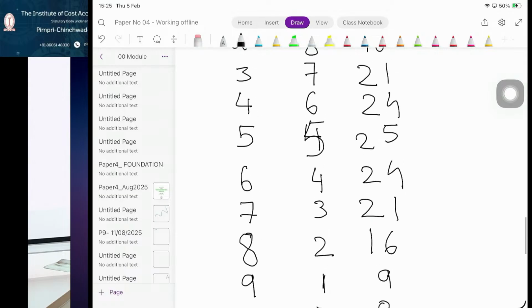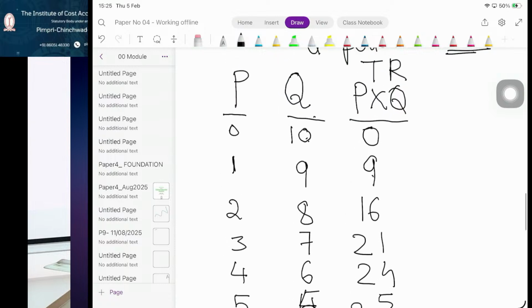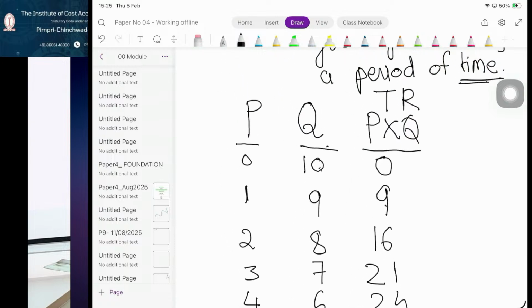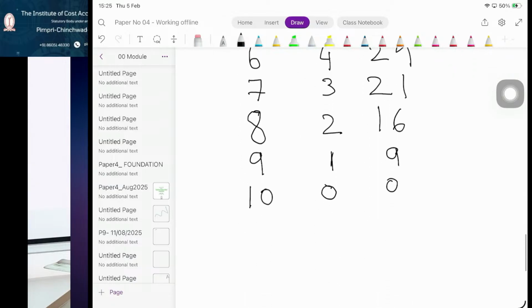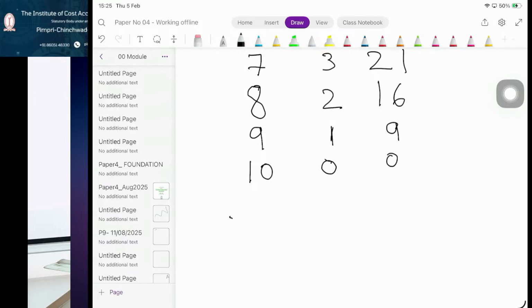Got it, all of you? So with this schedule, this is giving us the total revenue. One simple formula for calculating total revenue, remember, is total revenue in our simple parlance is price multiplied by quantity.